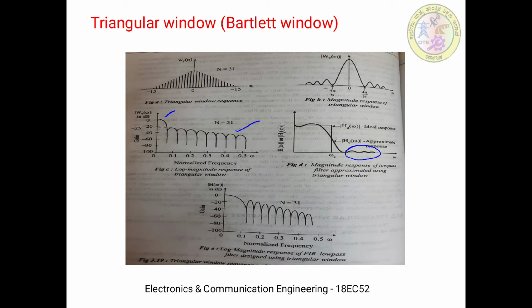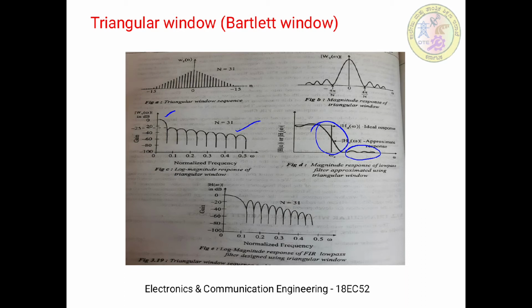Also, the transition from pass band to stop band is not that steep when compared to the filter design using rectangular windows. So this is the transition band, and it is not that steep when compared to rectangular windows. In the stop band, of course, the response is smooth, but the attenuation is less than that produced by rectangular windows.